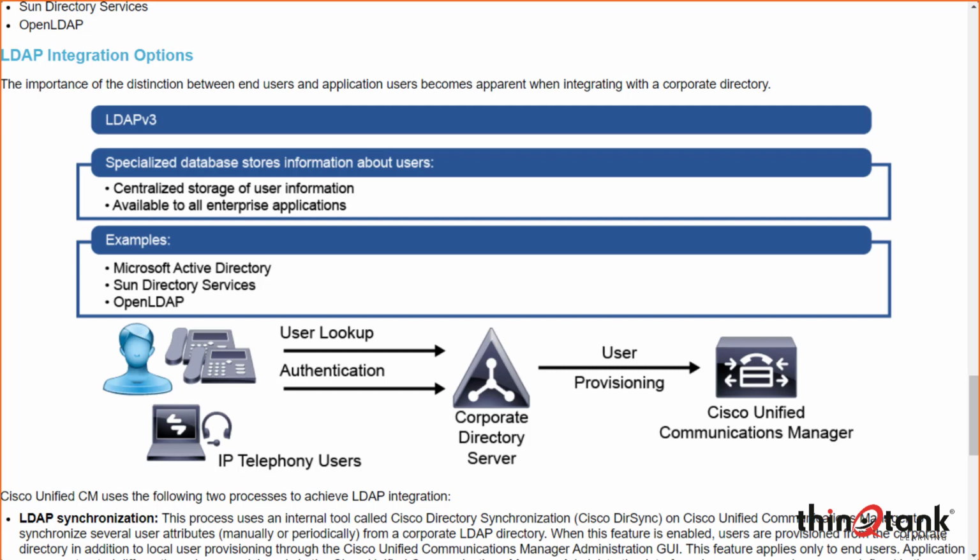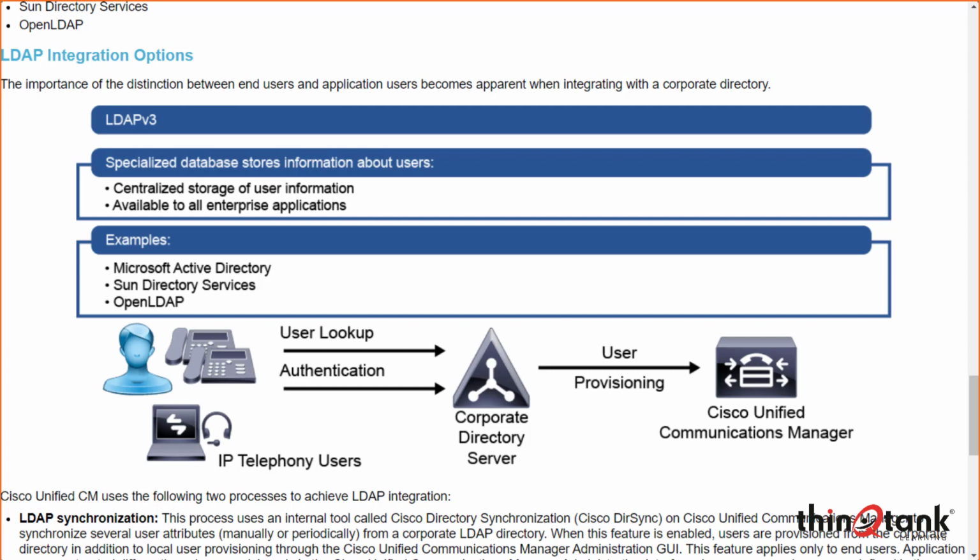If the only thing I'm doing is synchronization, and I configure and enable the synchronization function using the Cisco Directory Synchronization Service, Cisco DirSync on Call Manager, I can synchronize the different attributes from the users. I can do a manual sync. There's a button you can push that says synchronize the directory now, or I can do periodic synchronization, where the synchronization occurs on a schedule that I define.